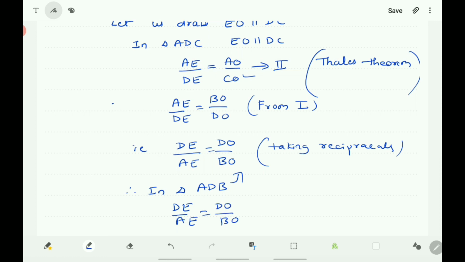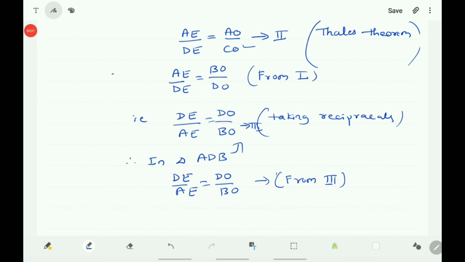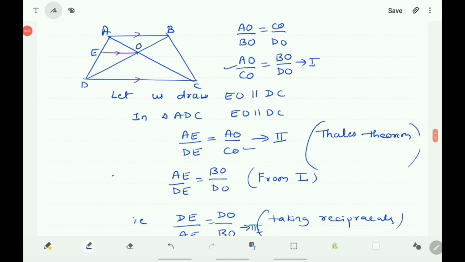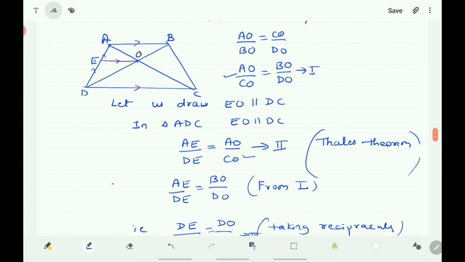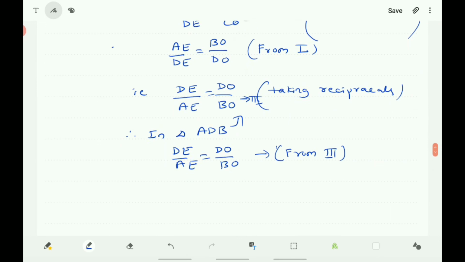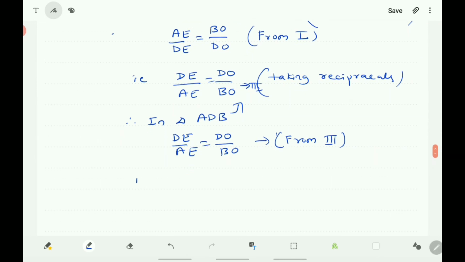If you consider this as third, you can write from third that in triangle ADB, DE by AE is equal to DO by OB. That you got.